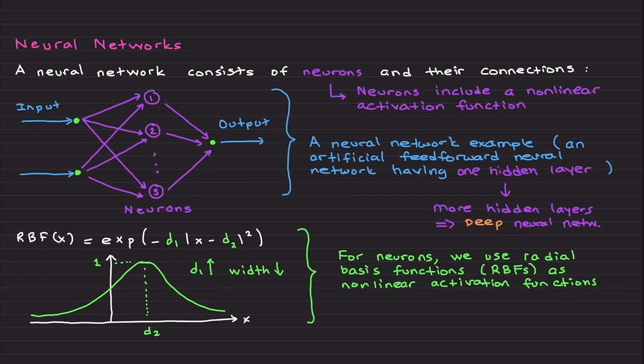For example, if you increase d1, then you are going to get a narrower width. If you decrease it, you are going to get a wider width like this. I am going to show an example at the end of this lecture so that everything will be crystal clear.